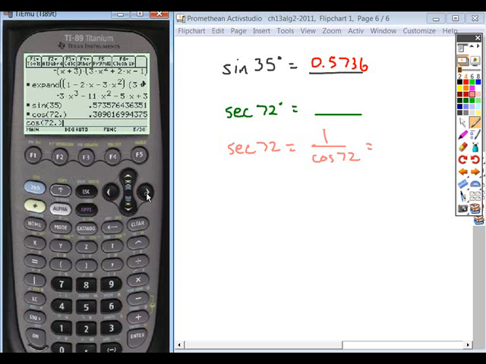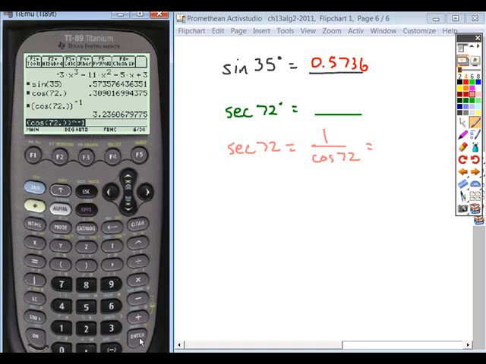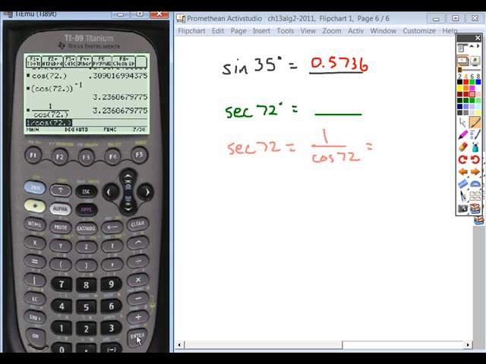So what we could have done is take this entire quantity in grouping symbols to the power of -1. That's one way to express your inverse. You could have also just taken 1 divided by the cosine of 72. If we had typed 1 divided by the cosine of 72, we'd get the same thing.